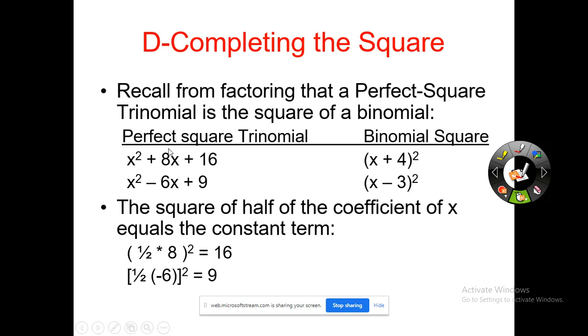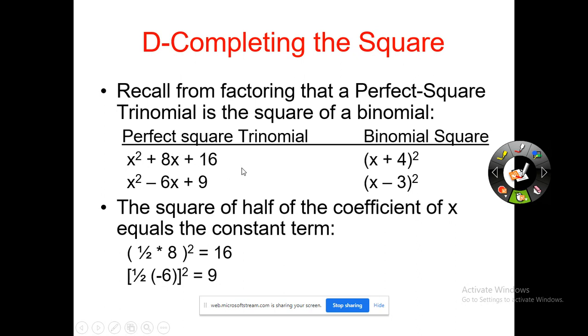If I take the 8 and divide it by 2, it's 4, and 4 squared gives me 16. If I take the 6 and divide it by 2, it's 3, and 3 squared is 9. Why? Because this is 2ab, so I'm multiplying b by 2 to get this term. Now I'm doing the inverse step.